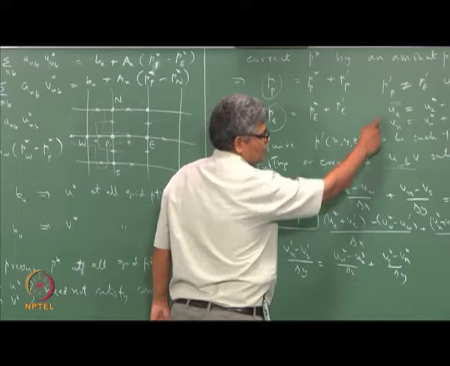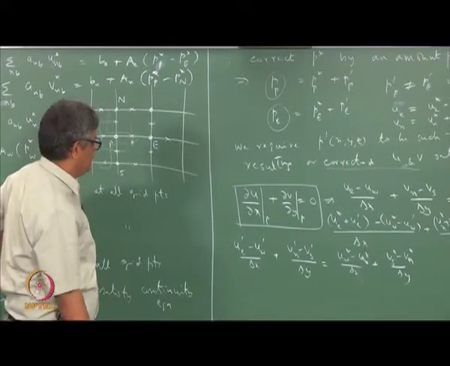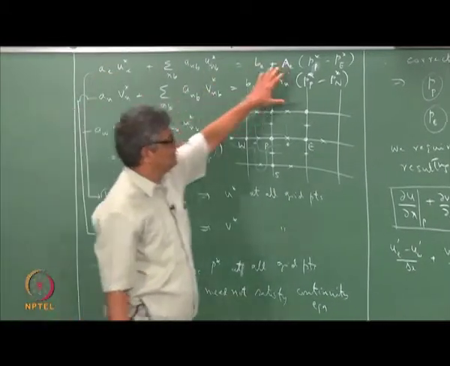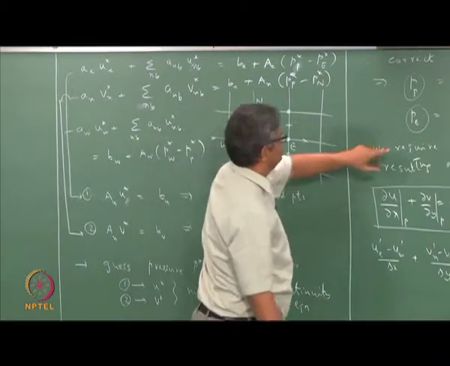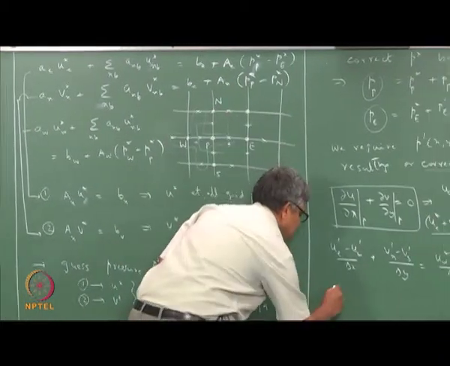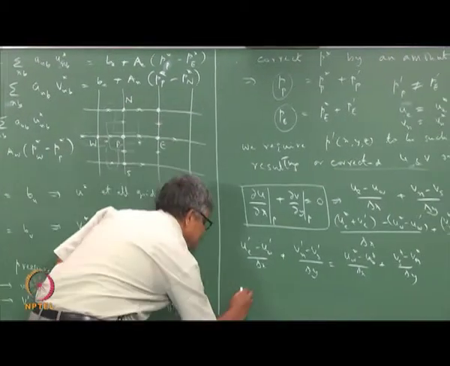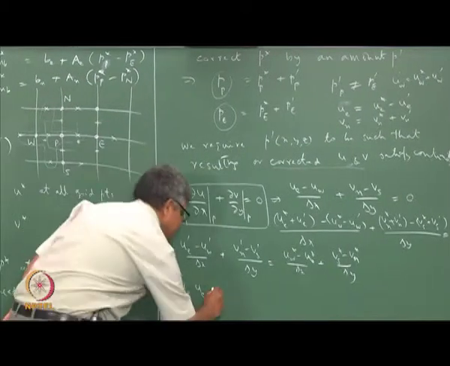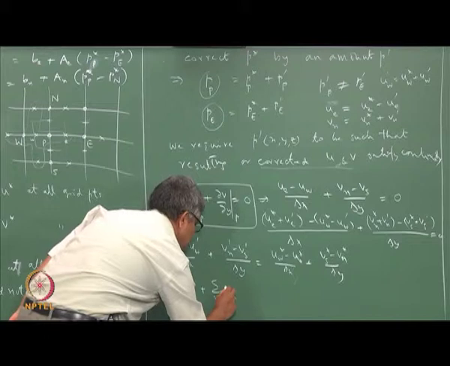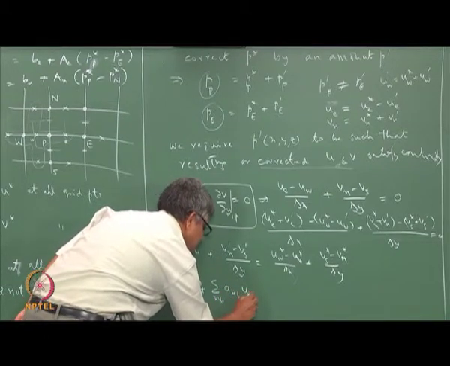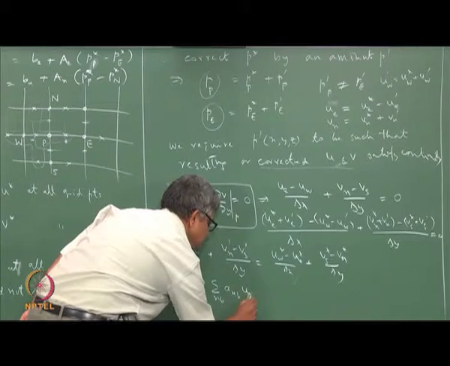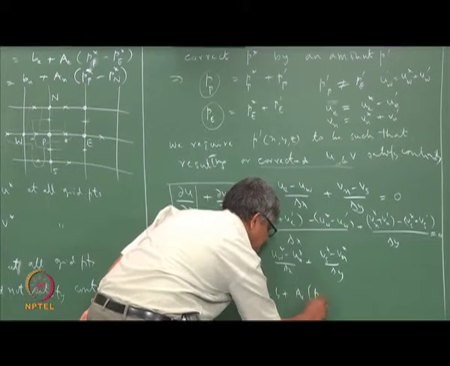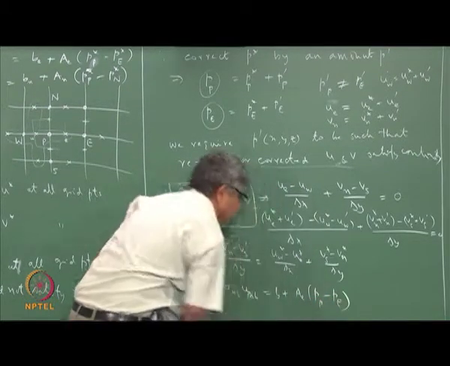Okay, and how can we do that? The true velocities will be satisfying the discretized momentum equations with the true pressure field. So, for example, if you substitute the true pressure field, we can write the first equation as ae ue, no star anymore, plus the sum over neighbors anb unb, equal to b plus ae times pp minus pe.